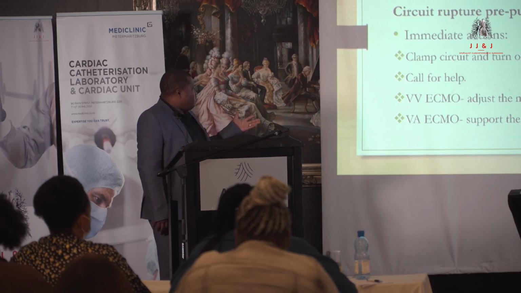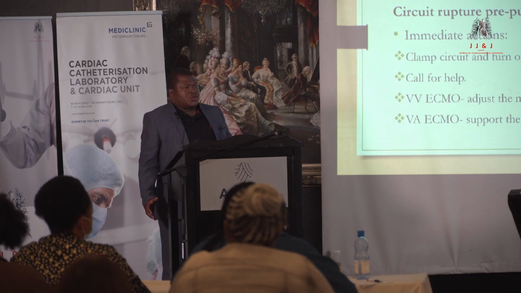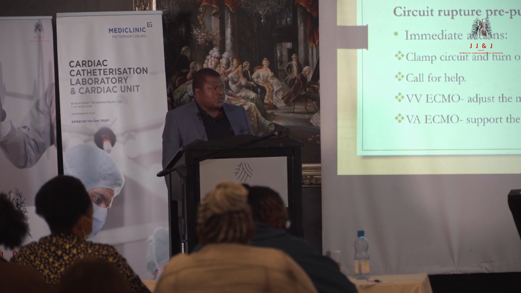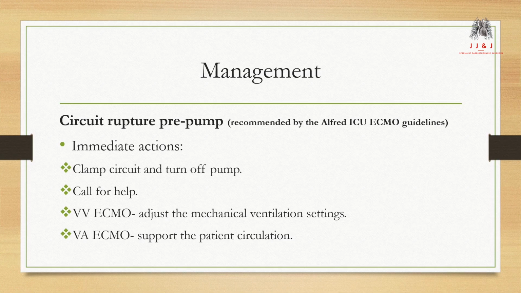If the patient is on VV ECMO, you're going to adjust the ventilation settings, because you want adequate oxygenation and ventilation for the patient on VV ECMO. If the patient is on VA ECMO, you're going to support the patient's circulation by using inotropes and the ACLS protocols, as Mr. Fulton has alluded to. Next slide.